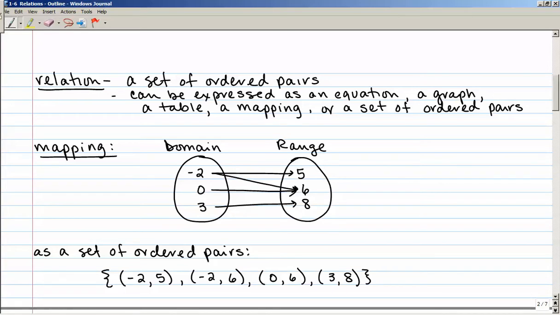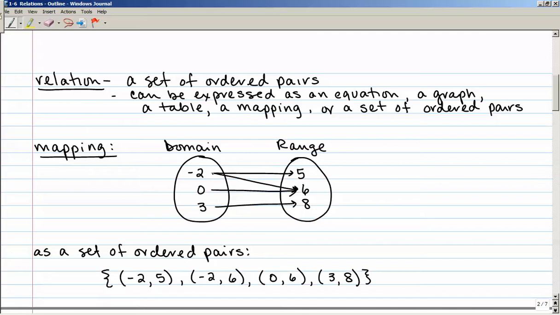So actually let's take a look at the set of ordered pairs. I have this set of ordered pairs here: -2, 5; -2, 6; 0, 6; and 3, 8. To represent the ordered pair -2, 5, my x is -2, and that's mapped to the 5, so I draw an arrow.